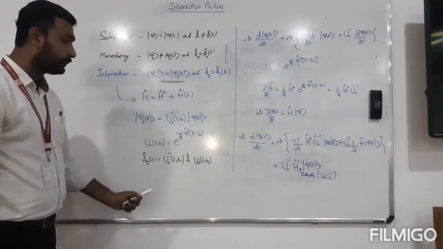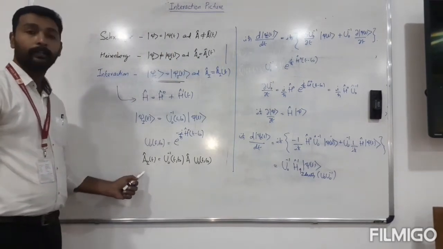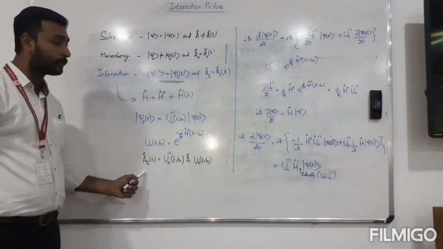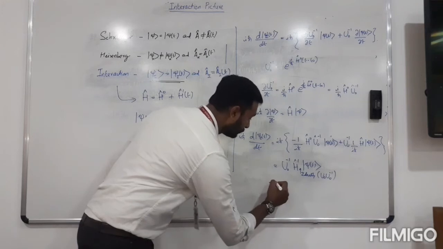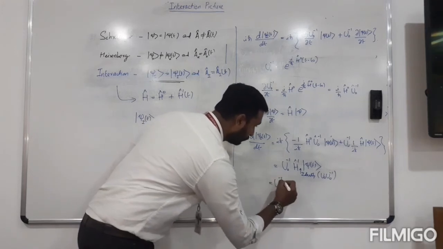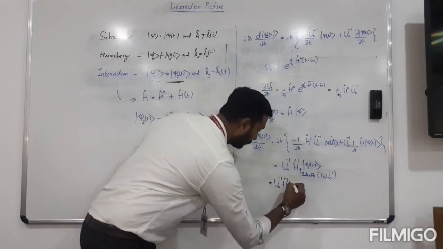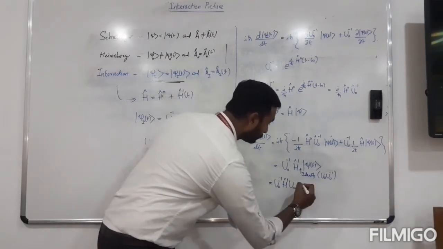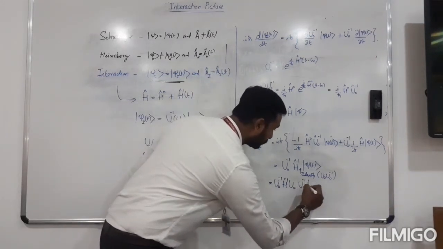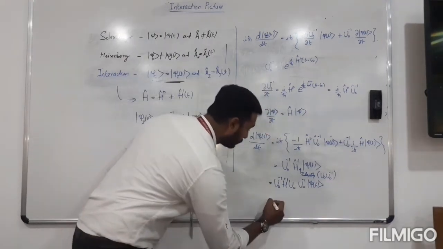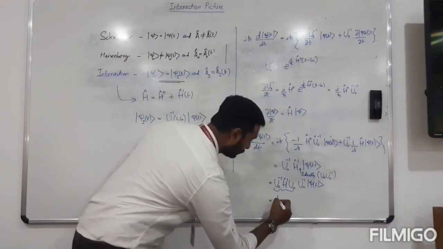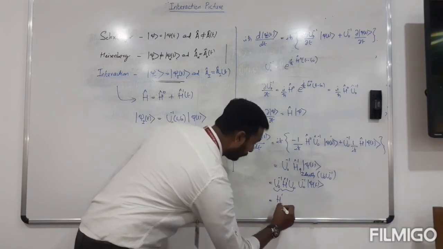Now U0 inverse H prime U0 would become the H prime Hamiltonian in the interaction picture, U0 inverse psi of t.